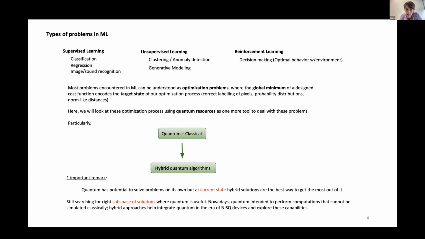And these hybrid approaches help integrate quantum in this NISQ era where we are still dealing with noise, we are still dealing with not super good quantum circuits, let's say, because of the complications with our quantum hardware. So, having this taste of the complications and limitations of NISQ devices, but also the picture of machine learning.